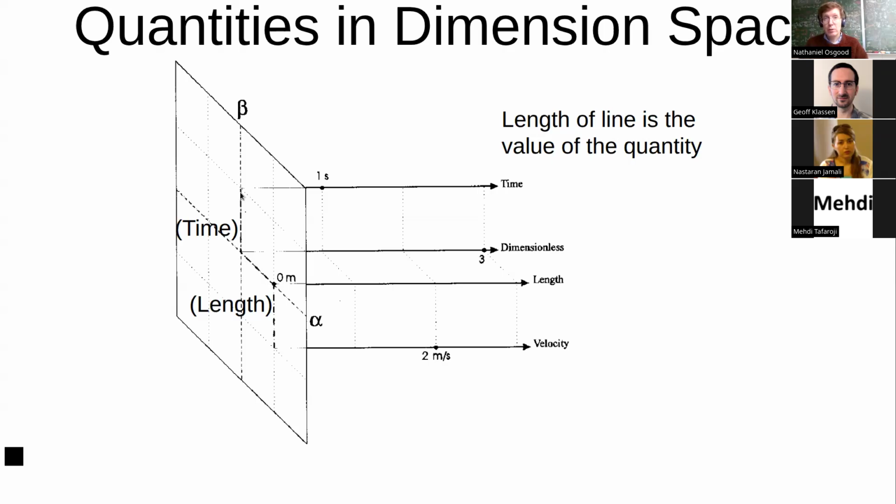It would have no time component to it. To specify it, I don't need to say anything about time. It doesn't depend on the unit of time. It's independent of time. It's a length thing, and it would be length to the one power. So it's one out here. It's length to the one.